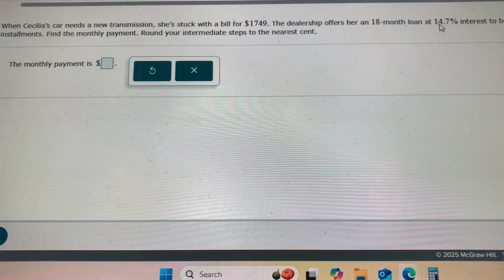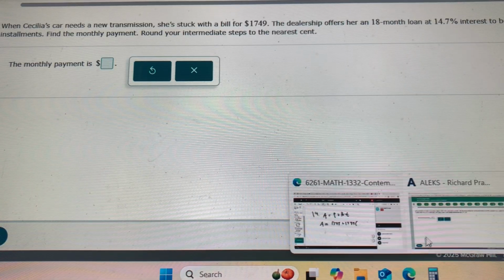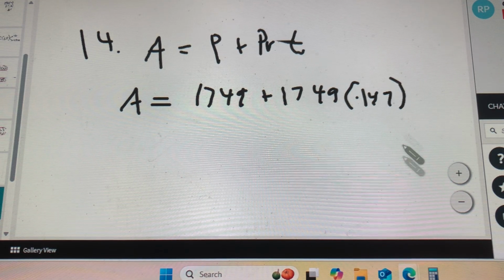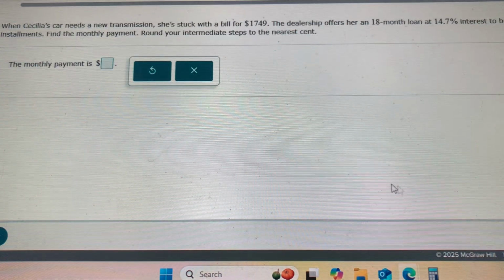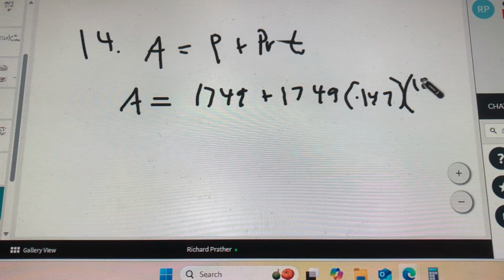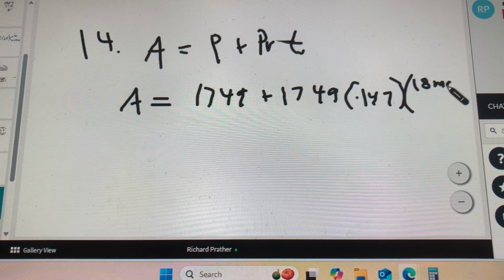So 14.7%. It's like a loan shark almost. Now, 18 months. She's got to pay this money back in 18 months. So that's where you have to divide by 12 months because there's 12 months in a year.